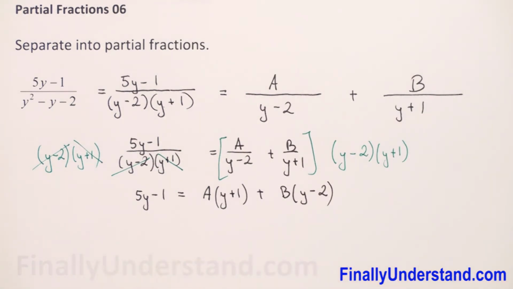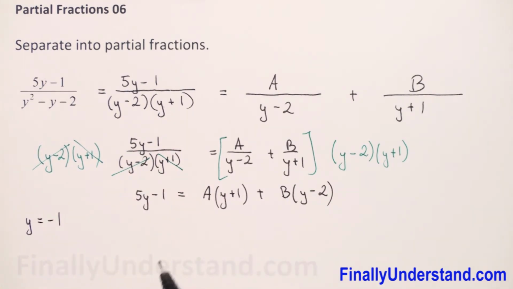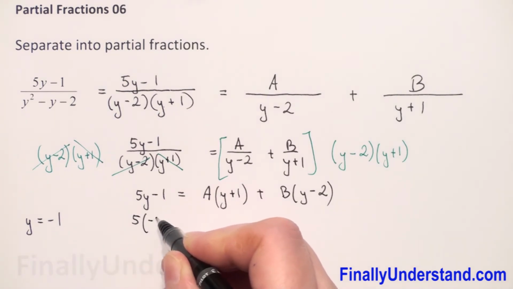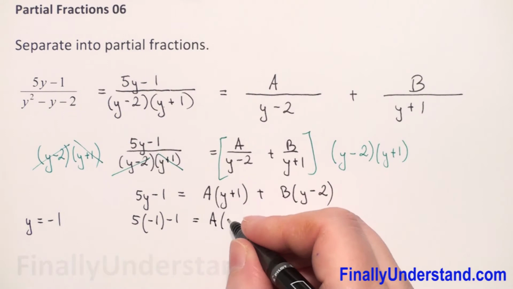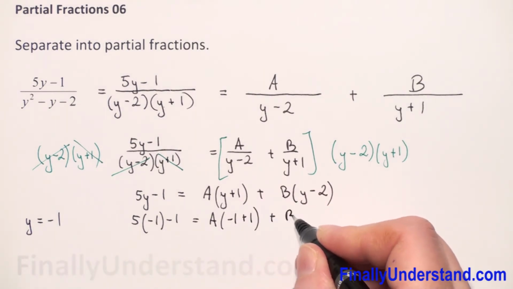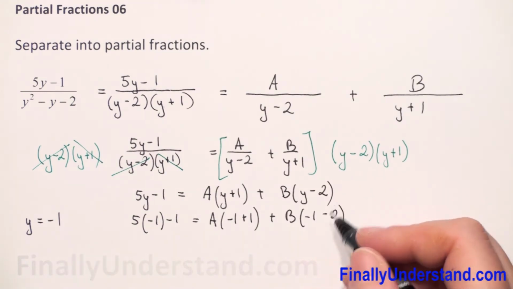So let's do this. First, for y equals negative 1. So what will be? We need to substitute every y by negative 1. So we have 5 times negative 1 minus 1. This is equal a times negative 1 plus 1 plus b times negative 1 minus 2.